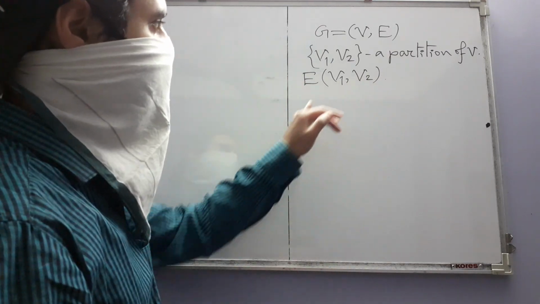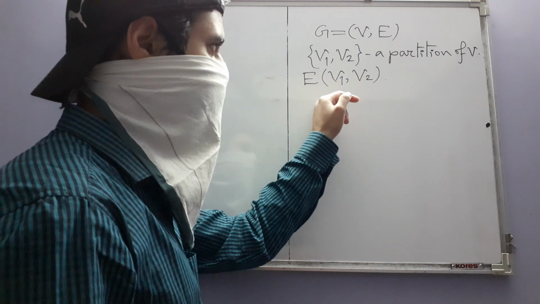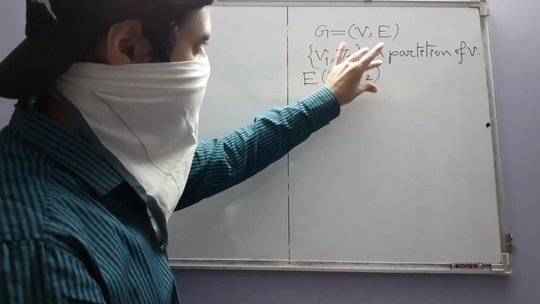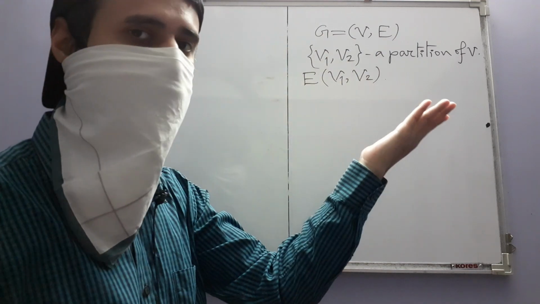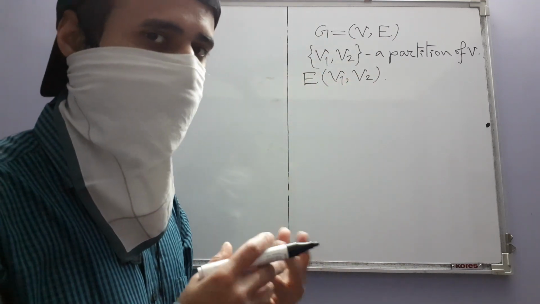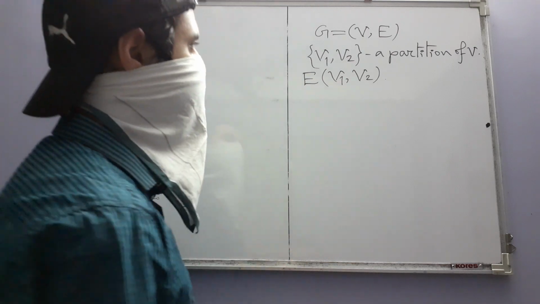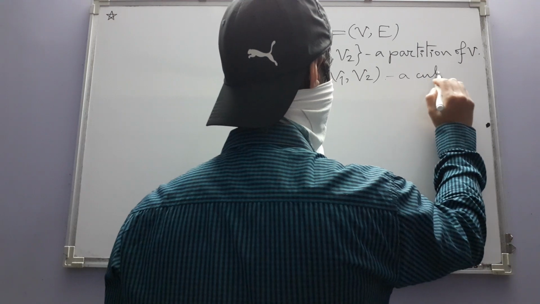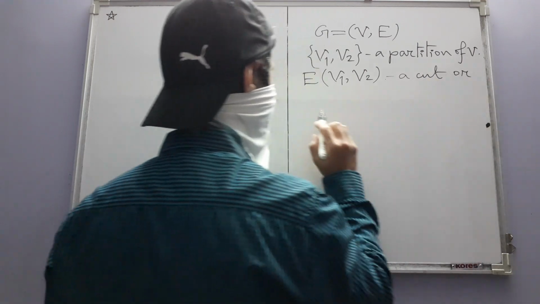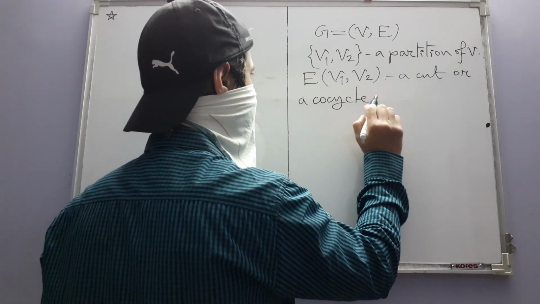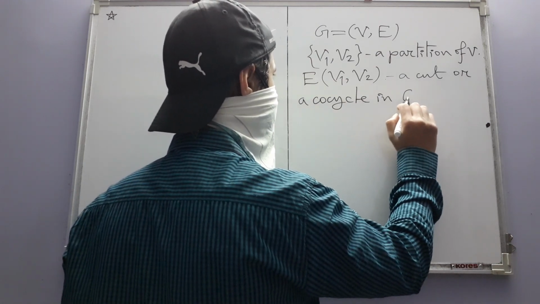That is, any such edge has one of its ends lying in V1 and the other end lying in V2. This denotes the set of all such edges in G. Such sets of edges, because this is after all going to be a set of edges in G, is called a cut or a co-cycle in G.